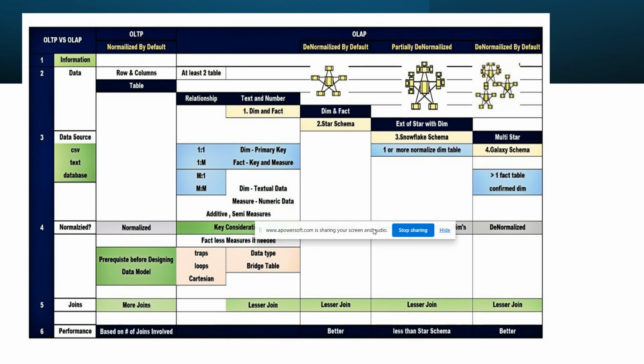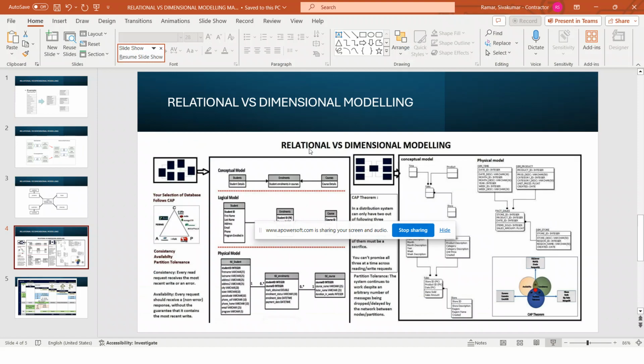In terms of performance, the star schema is always the recommended one and is better. Snowflake is lesser than the star schema, and the galaxy schema would be the better one. I think these topics give a better understanding between OLAP and OLTP and a better visualization. Thank you.